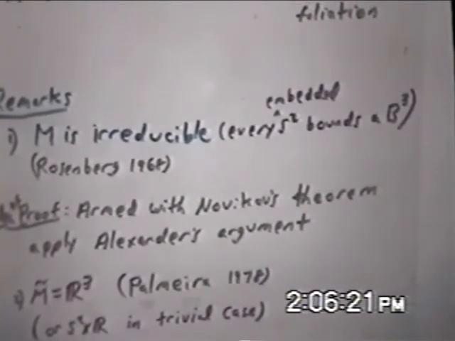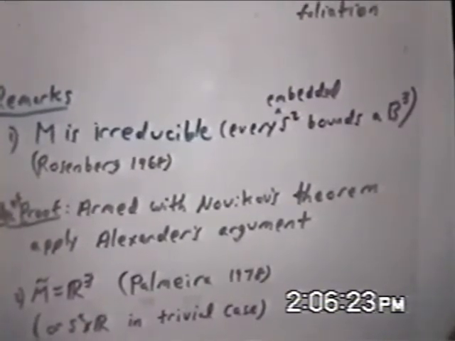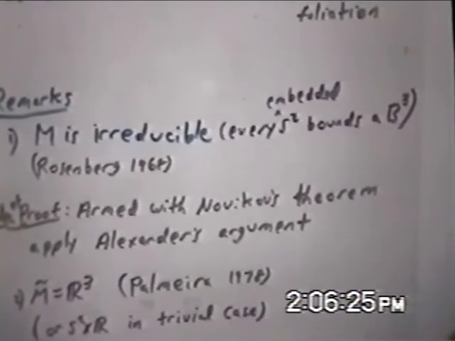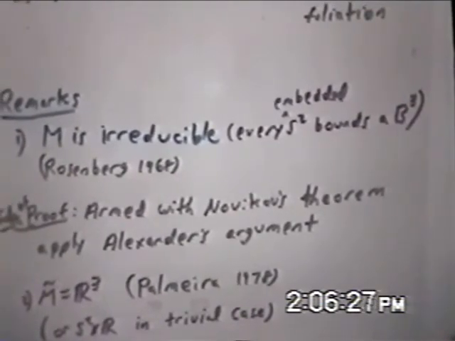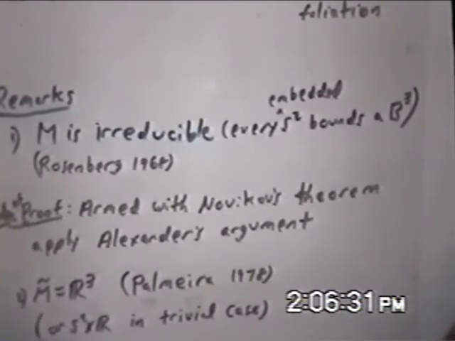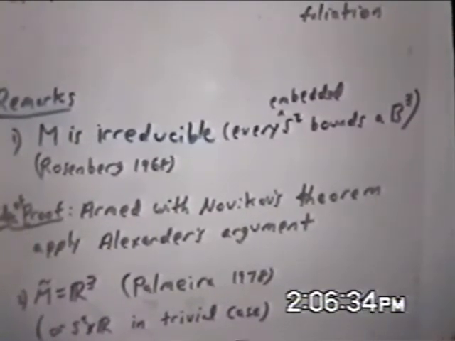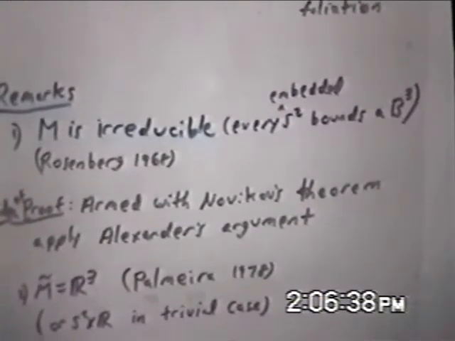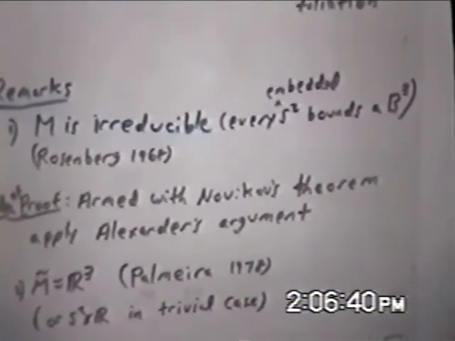You might run into a problem, but that problem is basically handled by Novikov. And this was even pushed a little further by Palmeira. He showed that the universal cover of a manifold with a Reebless foliation is R3. So I want to give you the idea of the proof of Novikov's theorem.